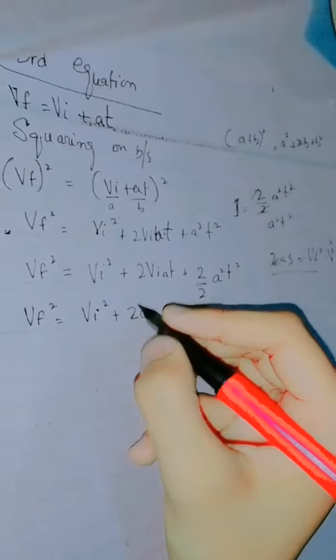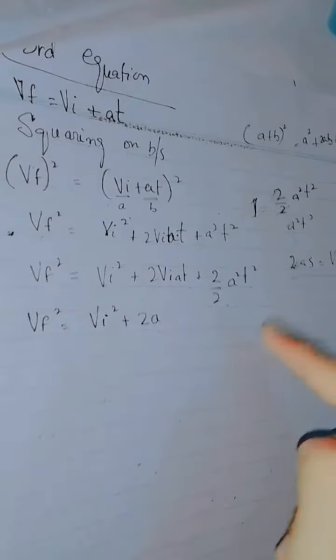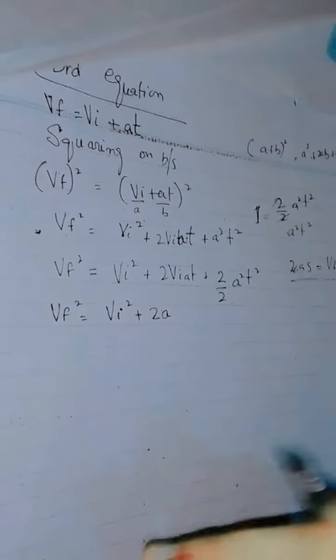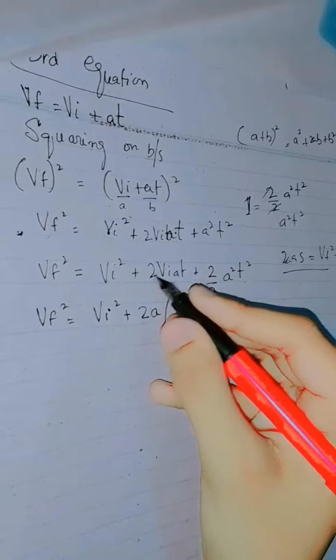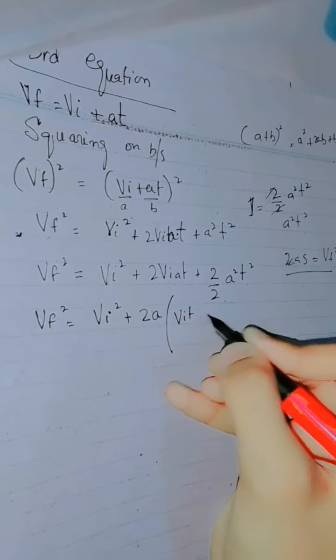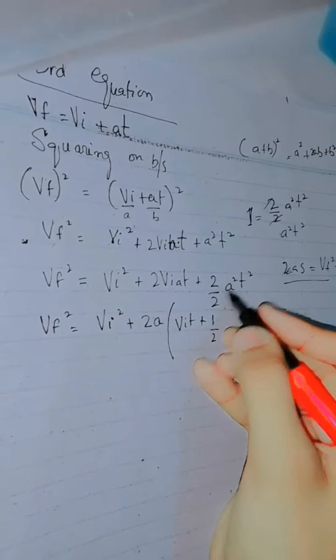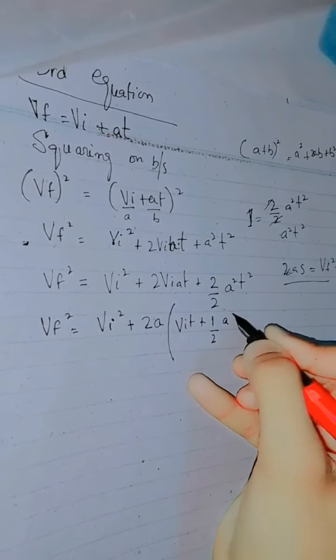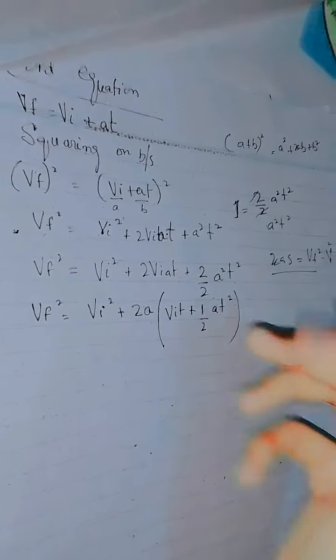First the second equation will be proved, then through the second equation we'll prove the third. Now we have taken common. It will be Vit plus, 1 upon 2 is common, A is common, A is left, t square. Vit plus 1 upon 2 At square is the second equation. It is proved.